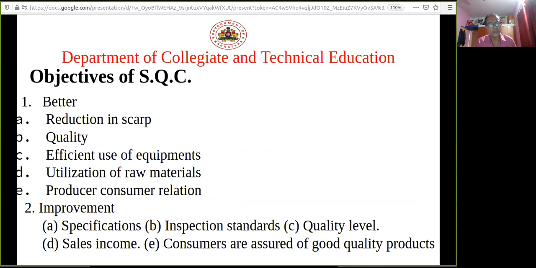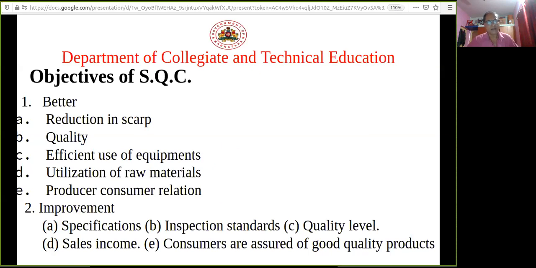The objectives of quality control are that we get a reduction in scrap, better quality of products because of the use of SQC tools, better utilization of raw material, and a better relationship between producers and consumers.